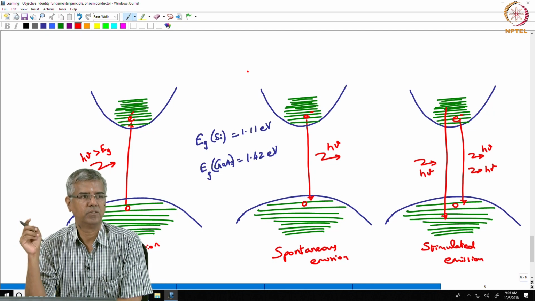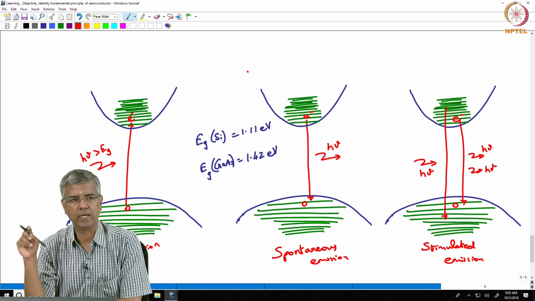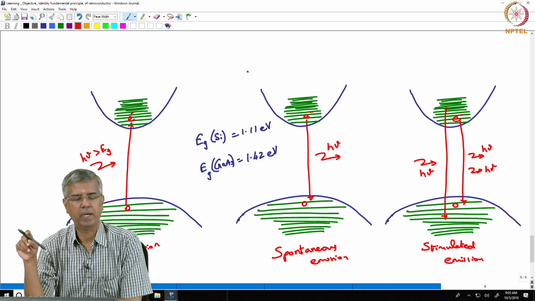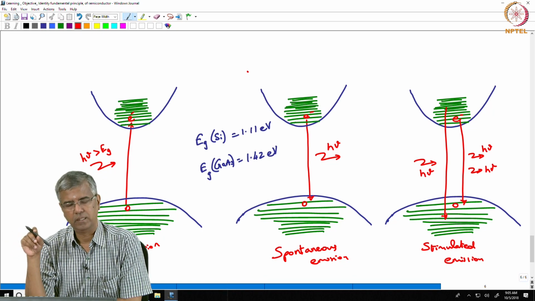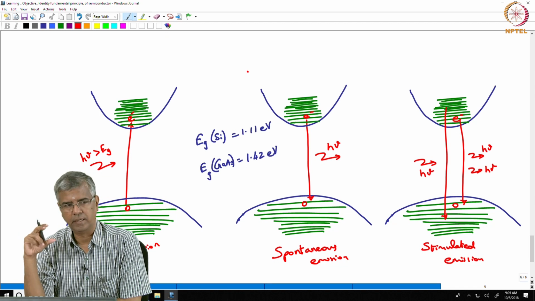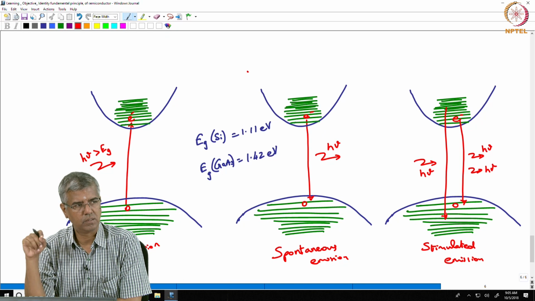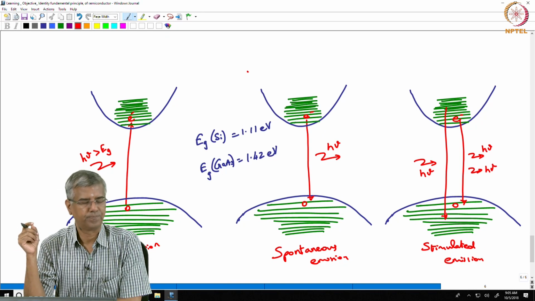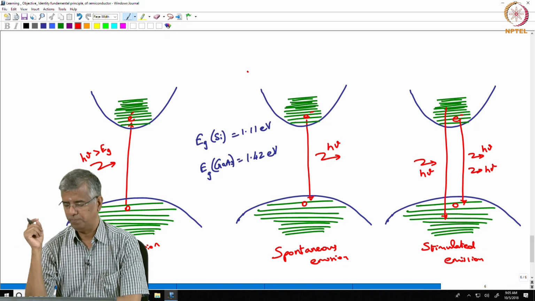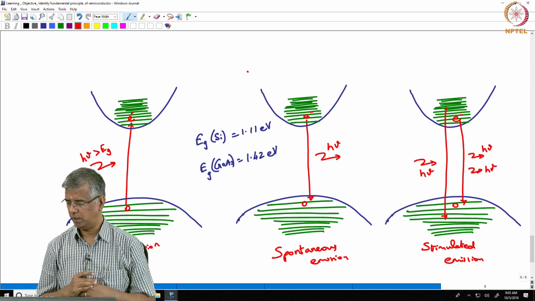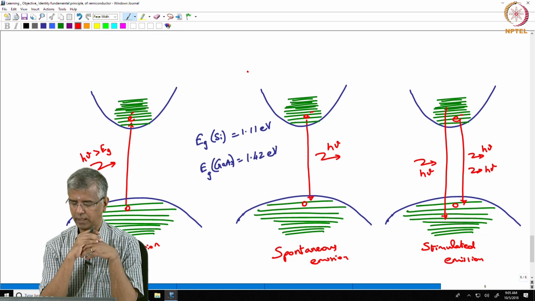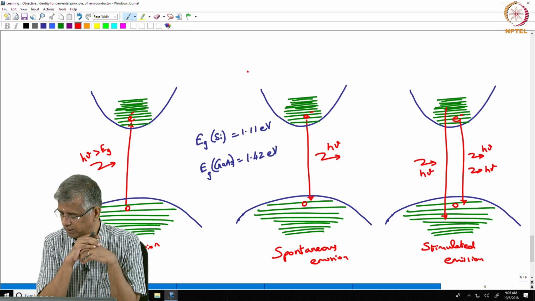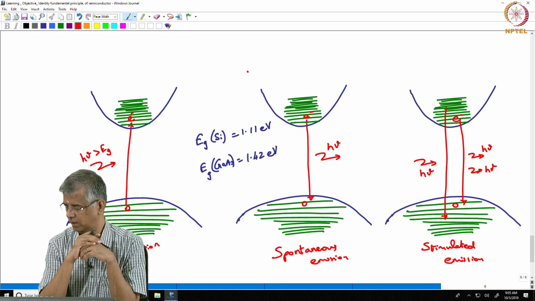You understand that? So, the presence of an electron in the conduction band and a hole in the valence band, with the energy level difference corresponding to this h nu, only then do you have stimulated emission.